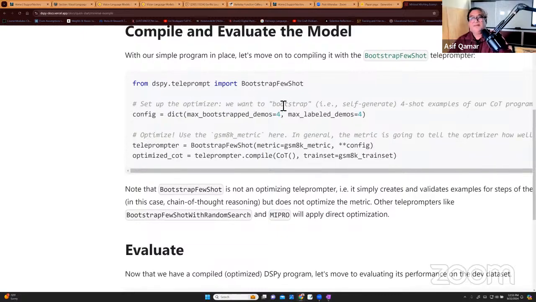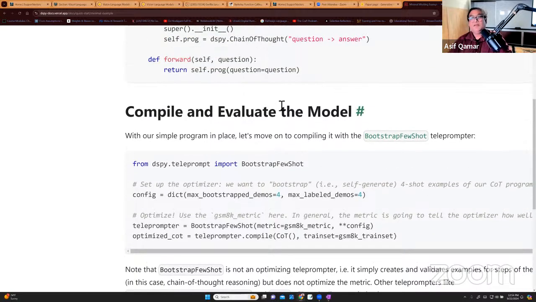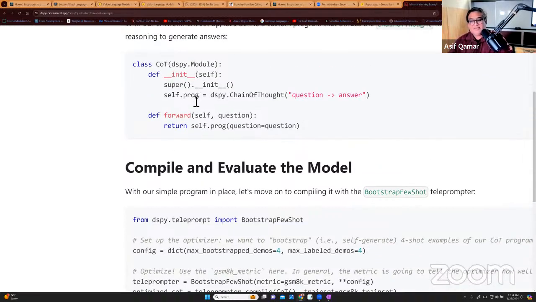Sorry, yes, sir. I know a little bit of PyTorch. I did some neural nets, but the thing is self.prompt. What is prompt? Oh, it's just a variable name. It's just a name of the program. In other words, the thing that will produce, basically it sits upon the LLM and uses chain of thought.